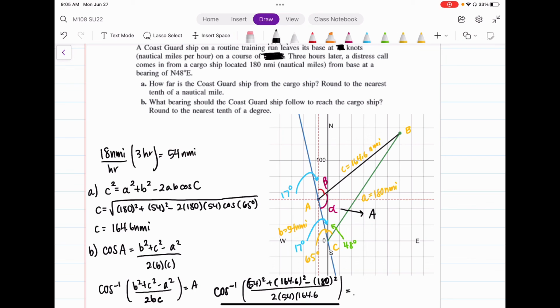And that's going to give you angle A, which is approximately 97.7 degrees, which I've also called alpha.